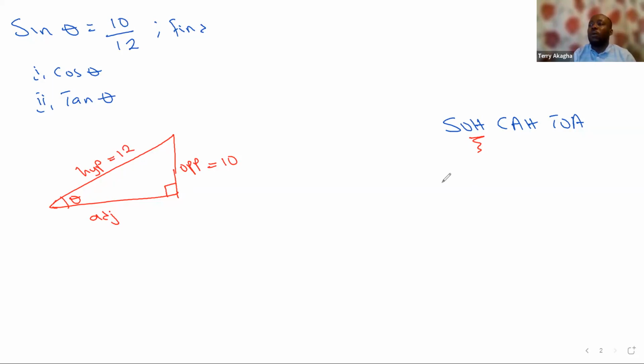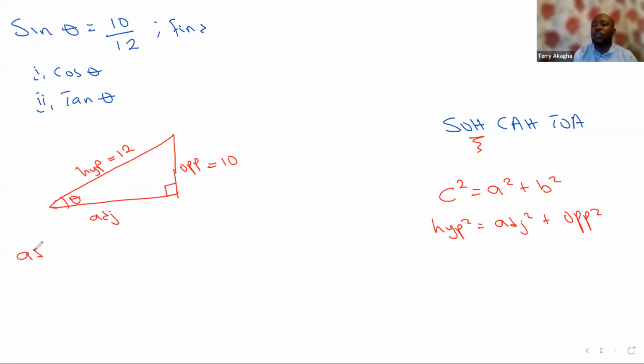Similarly, we use the Pythagoras theorem. C squared is equal to A squared plus B squared. So the hypotenuse squared is equal to the adjacent squared plus the opposite squared. Now we're looking for the adjacent, so we take the opposite squared to the other side.